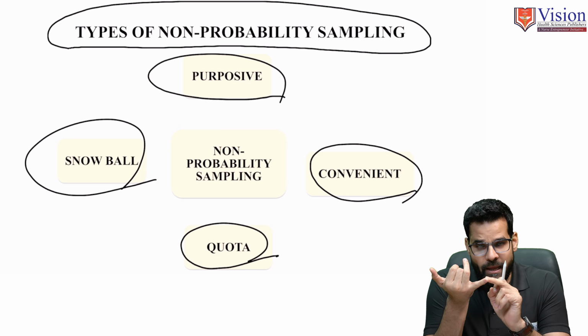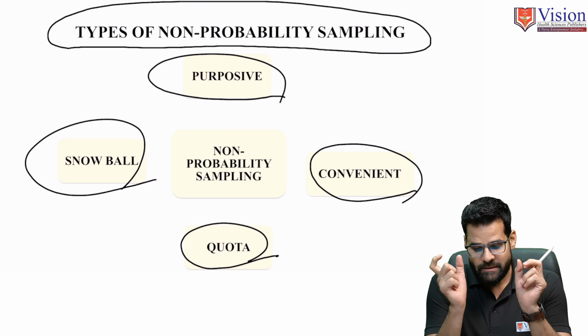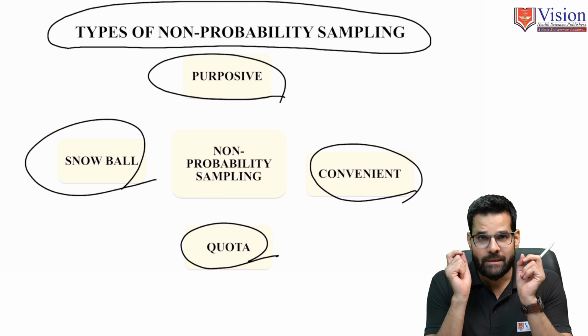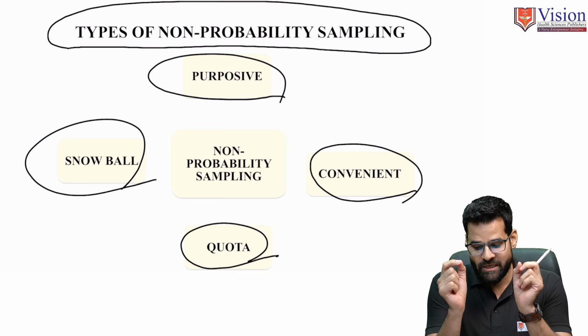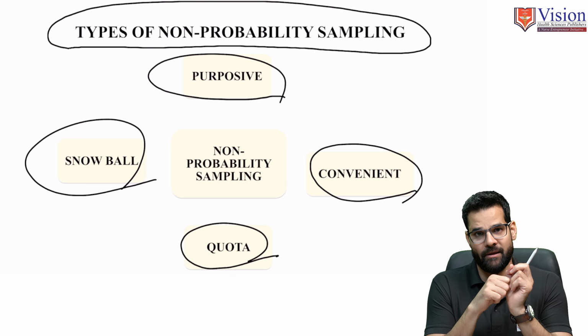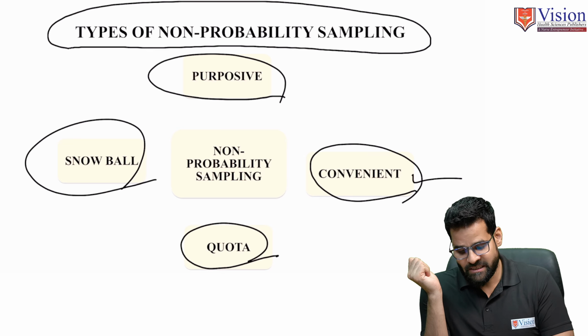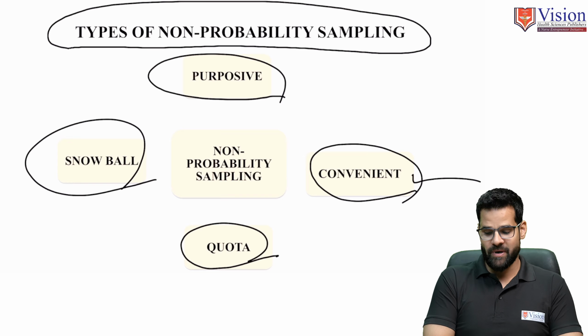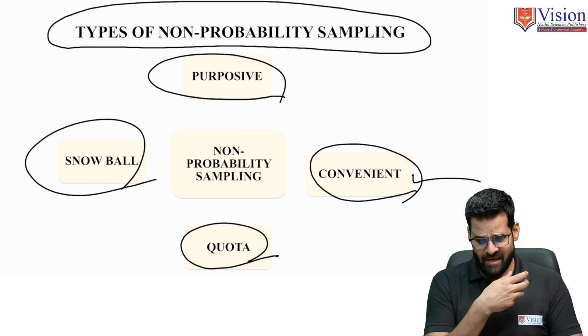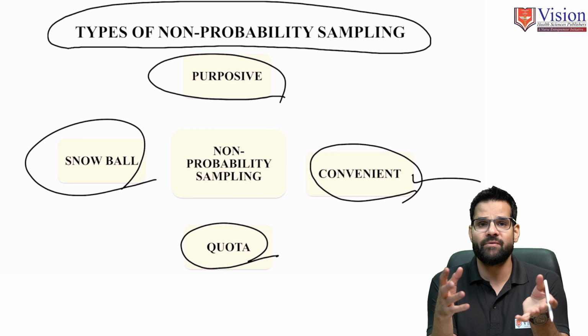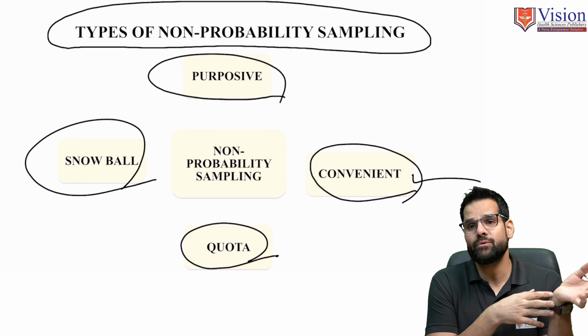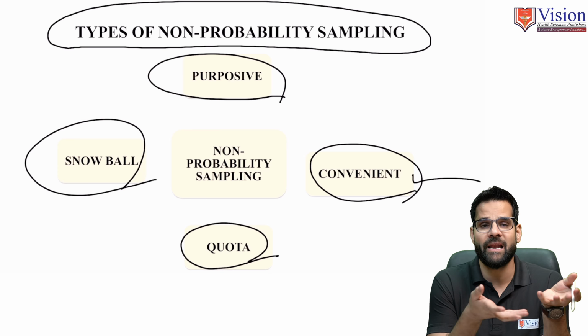What is purposive sampling? Selecting somebody based on the judgment of the researcher. Purposive sampling is also known as judgmental sampling. Then convenient sampling, as the name itself says, is selecting somebody based on your convenience. Suppose I have taken these 10 samples because they were easily available, they were near my home, they are familiar with my language.